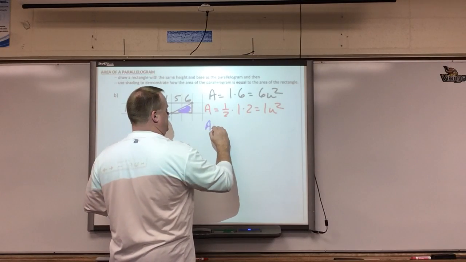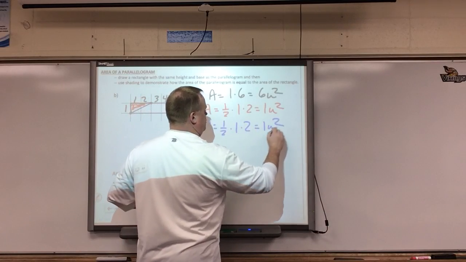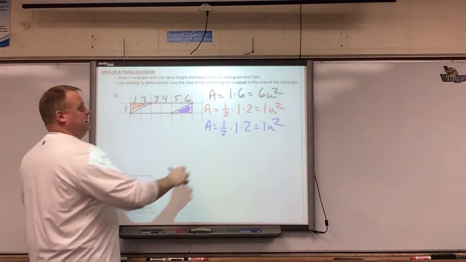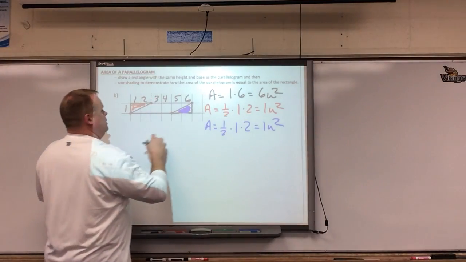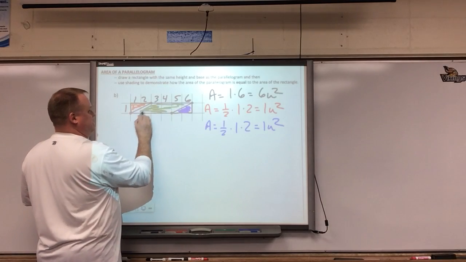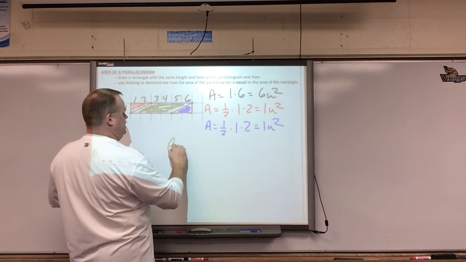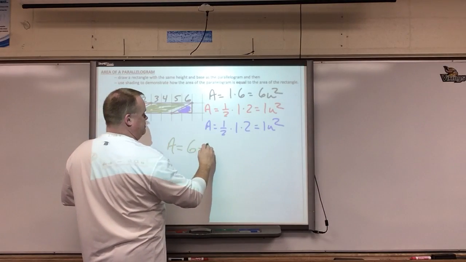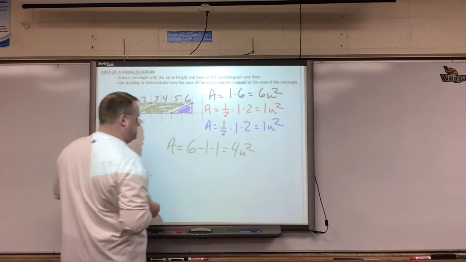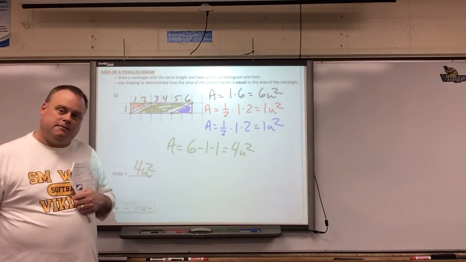Well, it's the same thing. 1/2 times 1 times 2, or 1 unit squared. So my whole thing is 6 units squared, but my inside, which I'm going to do in green right now just so you can see, the inside of my original parallelogram is area equals 6 minus 1, which is 4 units squared. So my answer is 4 units squared.